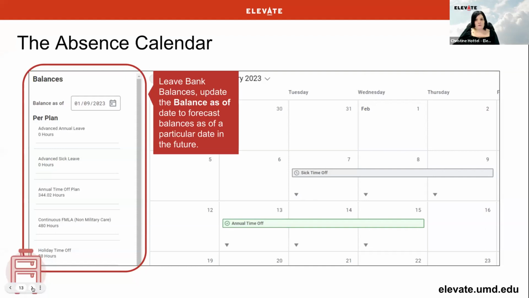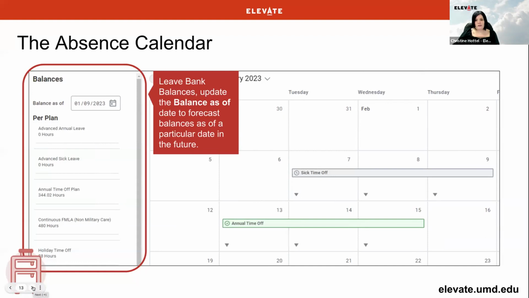The other great thing is that on the absence calendar, you're going to be able to view your bank balances in the same place that you're submitting requests. So you don't have to go back and forth to confirm your leave bank balances. The number of hours available for use is displayed for all time off and leave plans for which you're eligible.